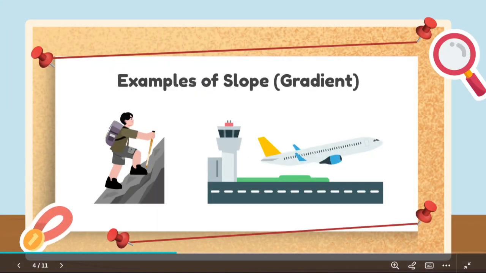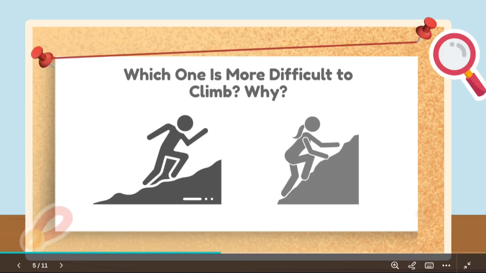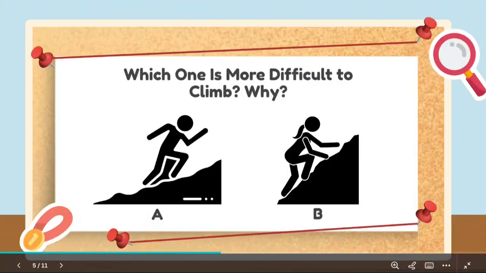For instance, when we climb a hill or when an airplane takes off. If we imagine the airplane flight path as a straight line, it moves upward along a line with a certain slope. Okay, now look at the two pictures shown on the screen.